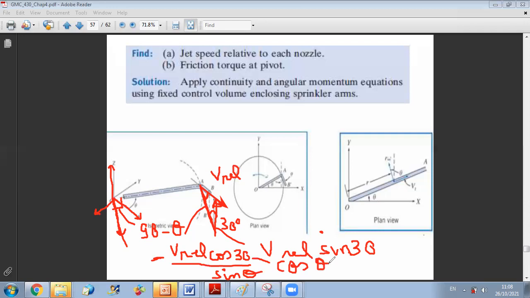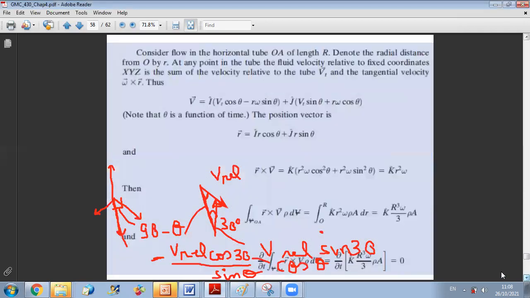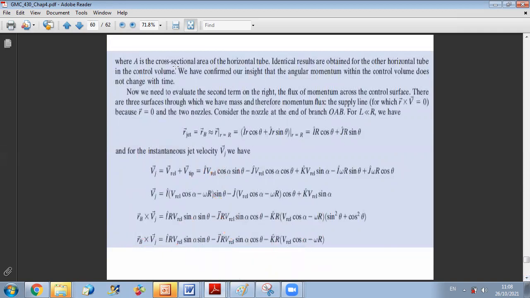So now, once I do this, I am ready to replace in my equation. What is my purpose? My purpose is to get the fluxes of angular momentum crossing my control surface. So after getting my V relative, this is how we get it here. You get the expression of V relative.